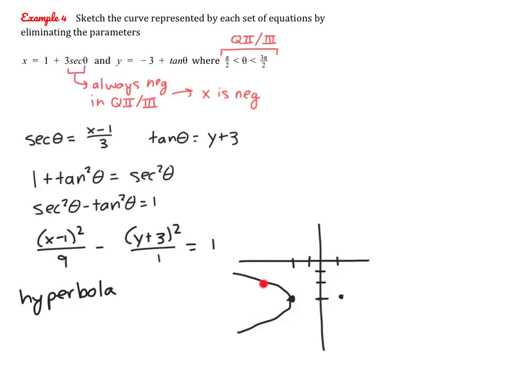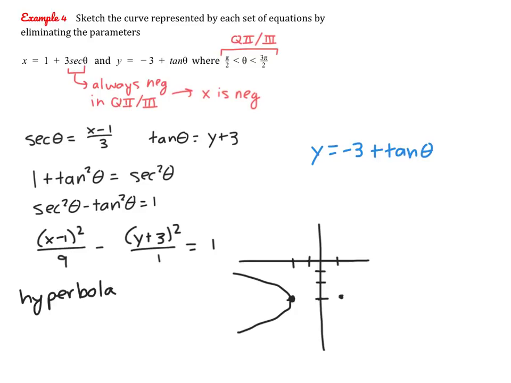So we're definitely going to want to know what our y values are. We want to know if our graph is essentially moving up or moving down. So I'm going to pick some values for theta, and I'm going to plug them into our y function. So I'm going to rewrite this here so we know what we're plugging it into.